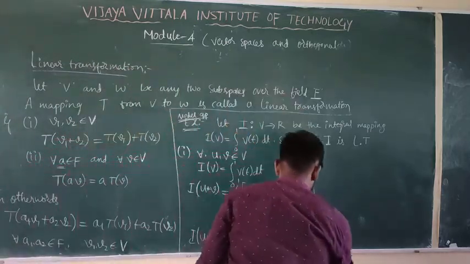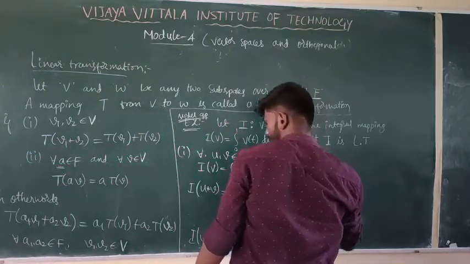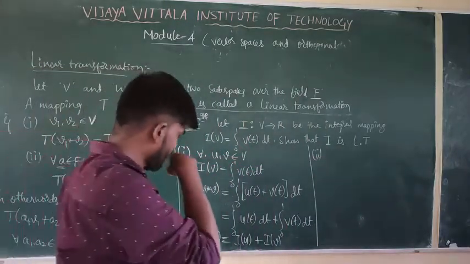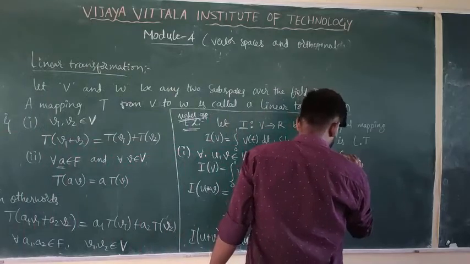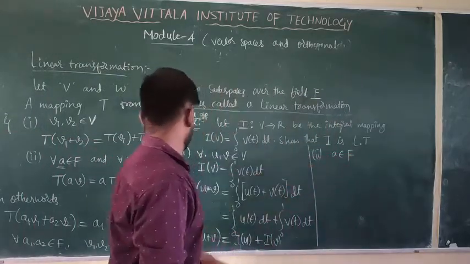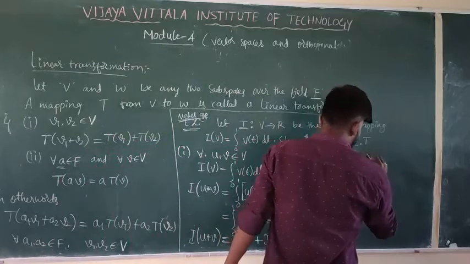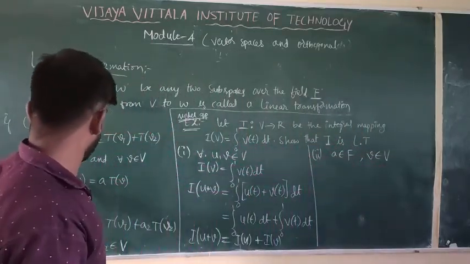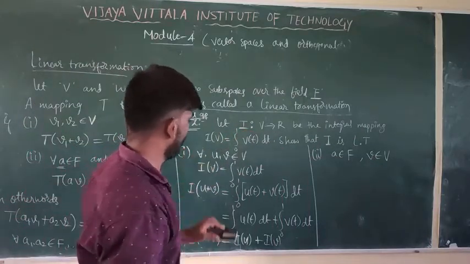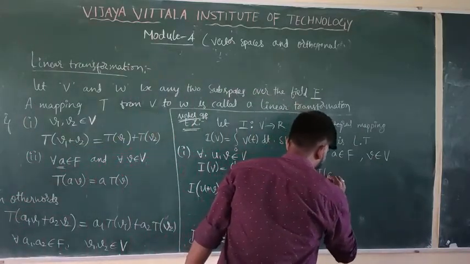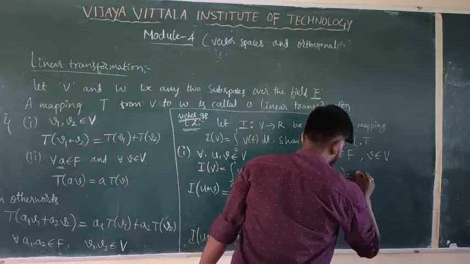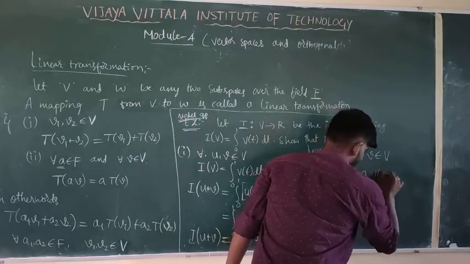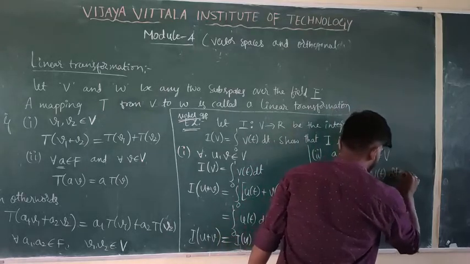In the second condition, we have to check whether this is equal to this. For all a belonging to the field F and v belonging to the vector space, consider I of av, which is equal to the integral from 0 to 1 of a into v of t dt.